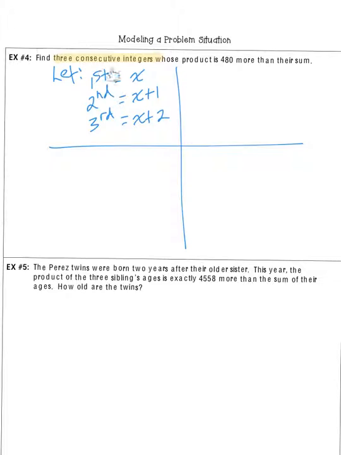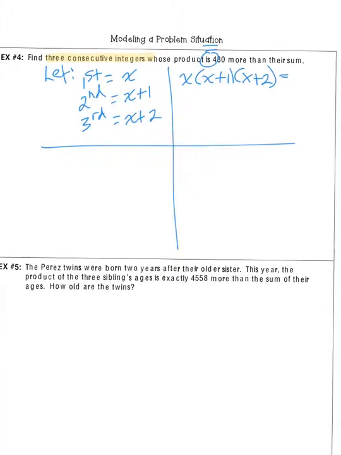All right, so 3 consecutive integers whose product is. So their product, so we're going to multiply those together. Whose product is. Is another word for equals. So here's where my equals goes.